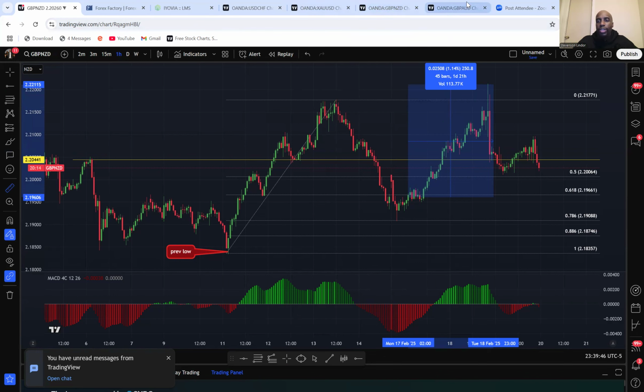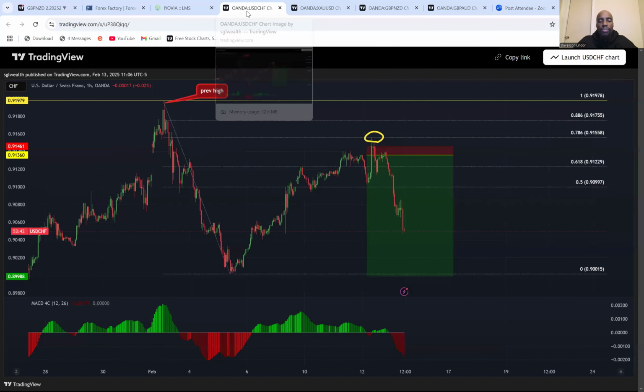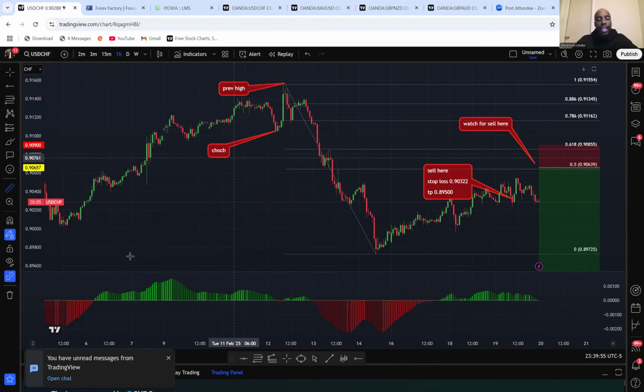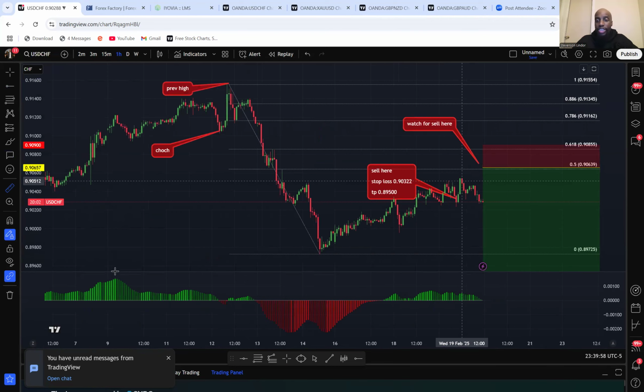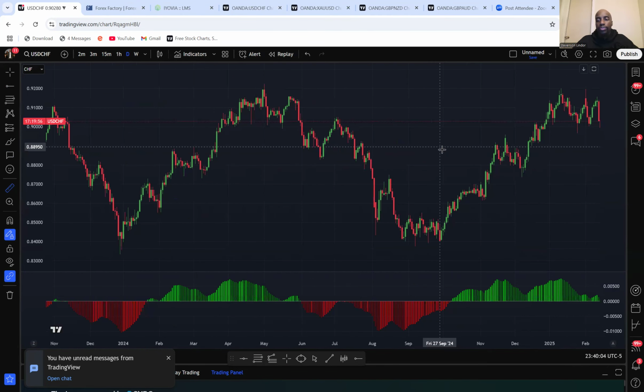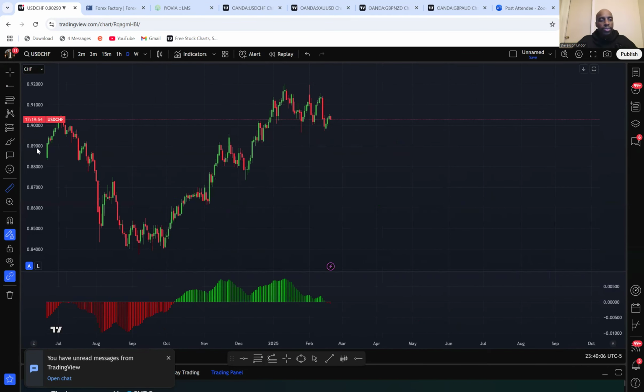Okay. Last week, we caught a wonderful sell-off on USD Swiss franc, as you can see here. Right? Giving you live examples. This is exactly what we did. I'm actually selling USD Swiss franc as we speak. So what did we do?